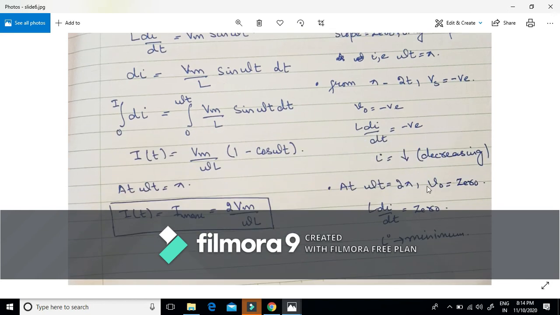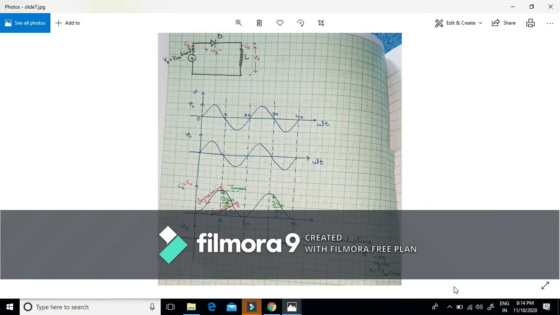Similarly, at omega t is equal to 2 pi, again the source voltage becomes equal to 0, and at that point the current is at its minima. That's why I'm showing here in the graph that the current peak is at omega t is equal to pi, and the current will be 0 at 0 and 2 pi.